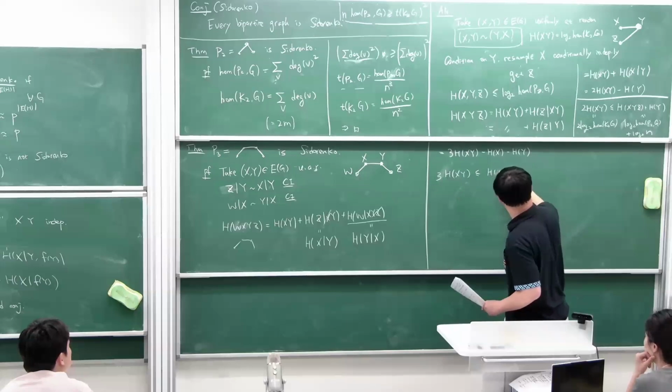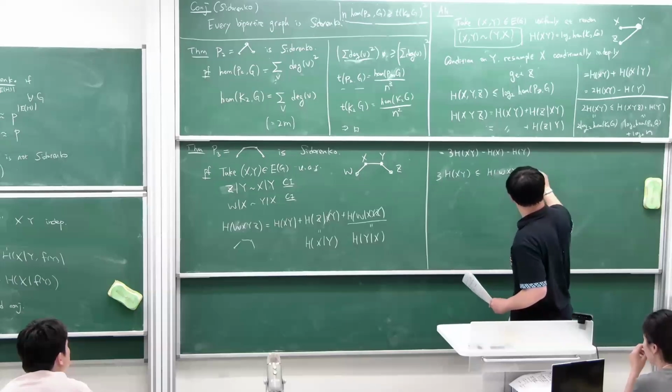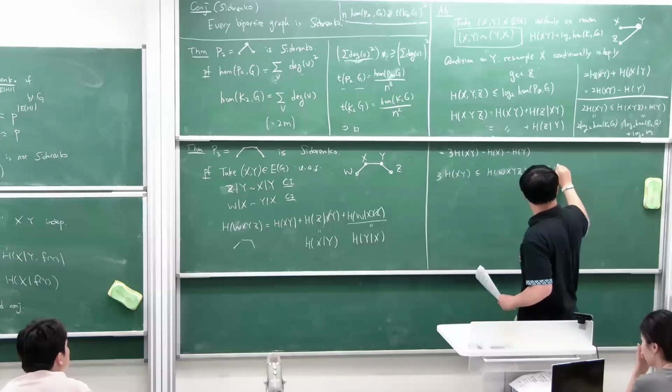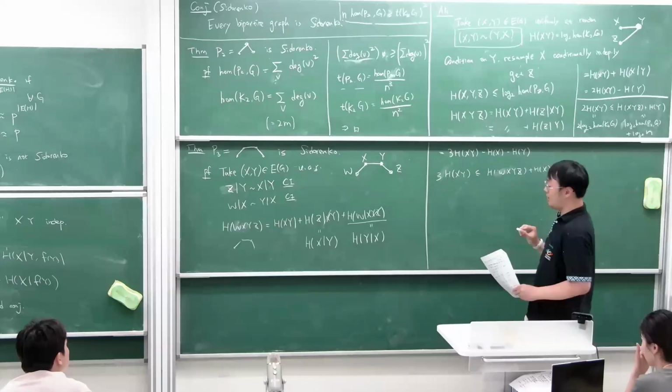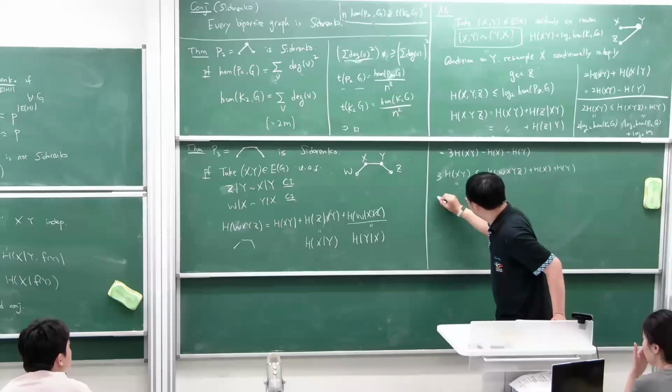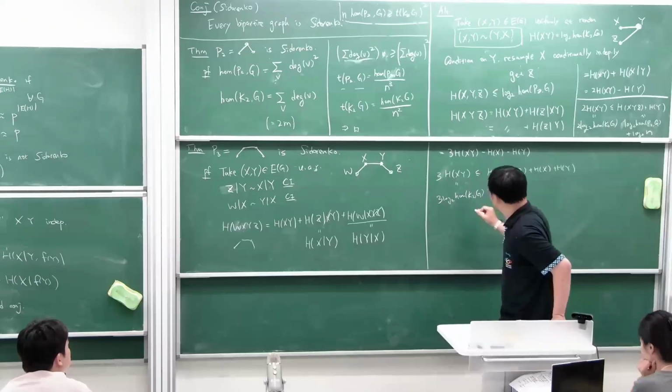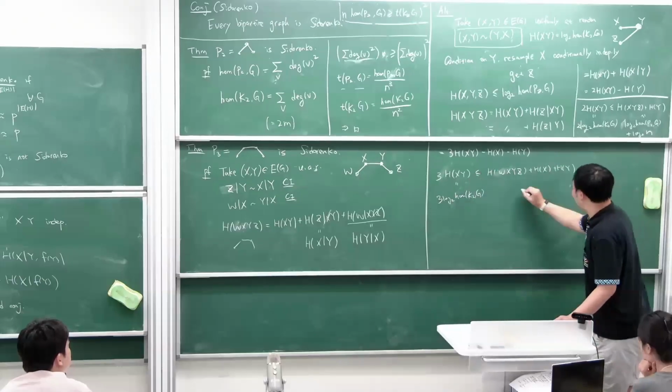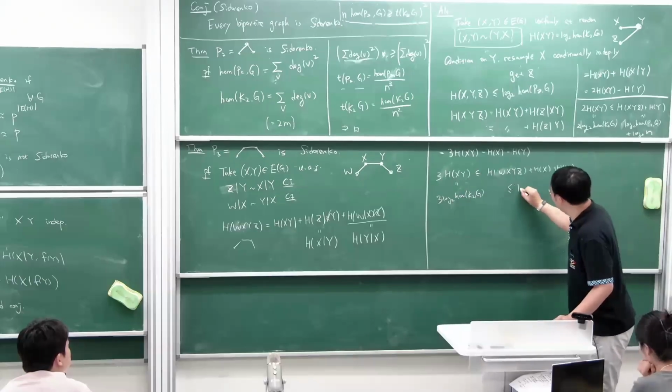And YZ plus H of X plus H of Y. And since we sample the left-hand side uniformly at random, this will give us 3 times the log of the hom density. And on the right-hand side, this is a P3.